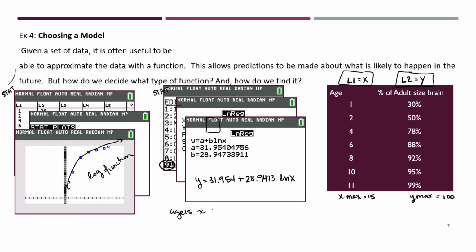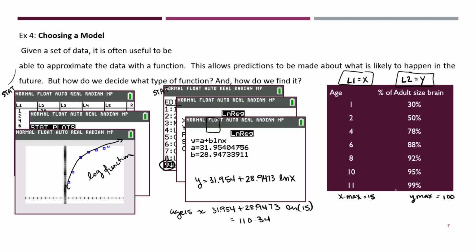So this will be approximately 31.954 plus 28.9473 times the natural log of 15. And we could go to our calculator and we would get that it's going to end up being 110%.